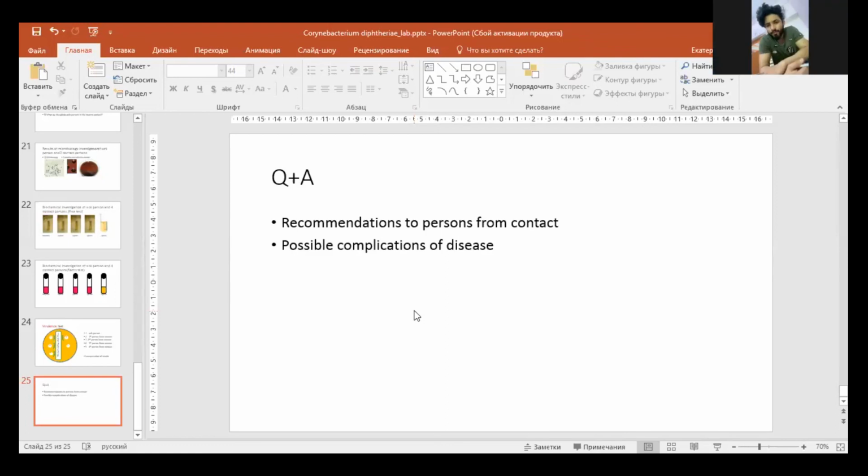Complications, ma'am, basically symptoms? Okay, so what kind of symptoms will you detect in complications? Blockage of air passages like pharynx, nasal.